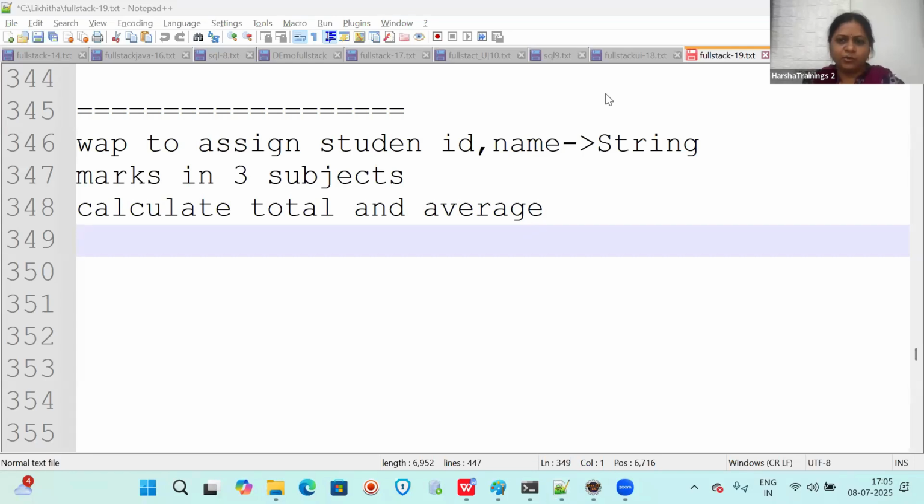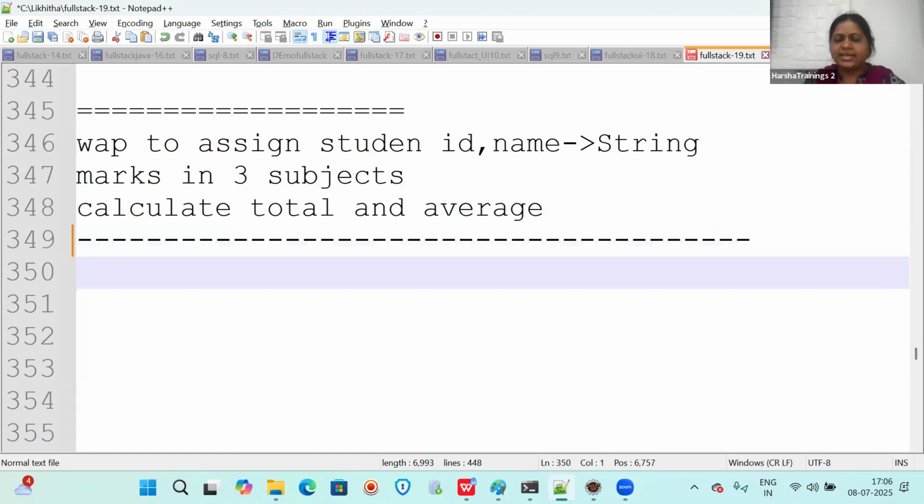You got the output. If anyone wants me to explain, let me know, or else try today also. Just take the ID, name and marks in 3 subjects, calculate the total and then get the average.